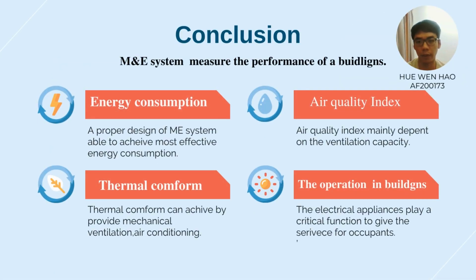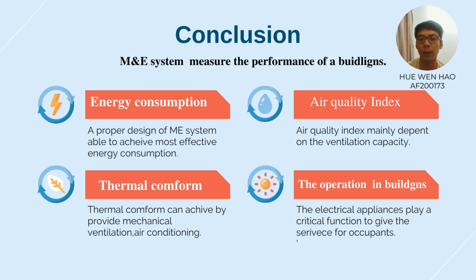As a conclusion, the MME system measures the performance of the buildings. There are 4 aspects to measure the performance of the building. The first is the energy consumption of the building. A proper design of an MME system is able to achieve the most effective energy consumption. The air quality index depends on the ventilation's capacity.